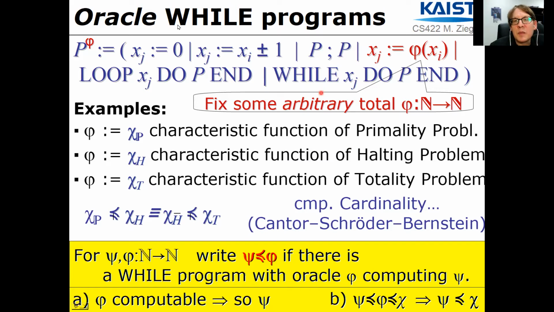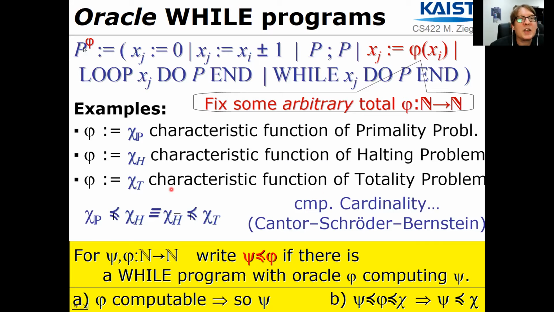That means the program P on input X and the program P with exponent phi on input X can be different. Actually, the program P cannot even make an oracle query, cannot even invoke that function.